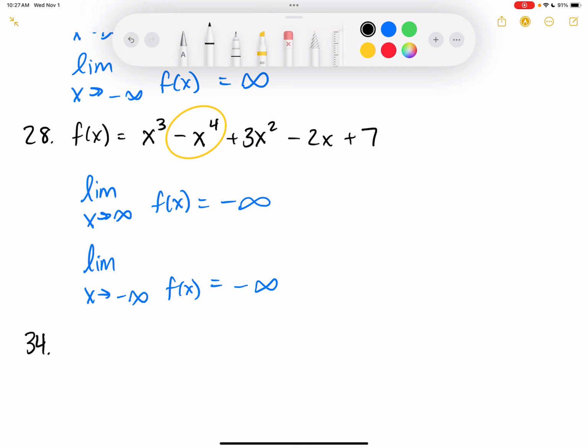All right, 34. These say to find the zeros of the function algebraically. So basically, we're going to be factoring and setting it equal to 0 and solving. So f of x is equal to 3x squared plus 4x minus 4.